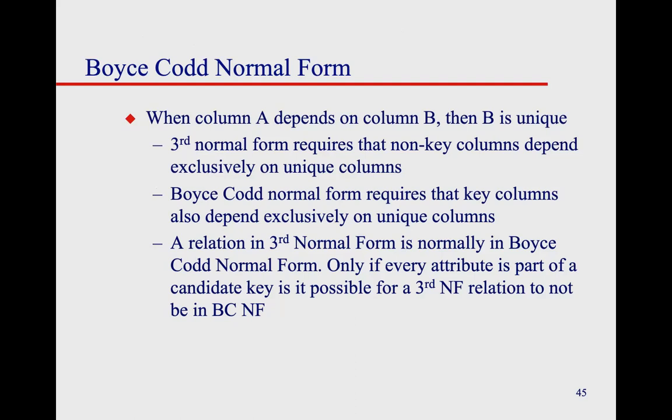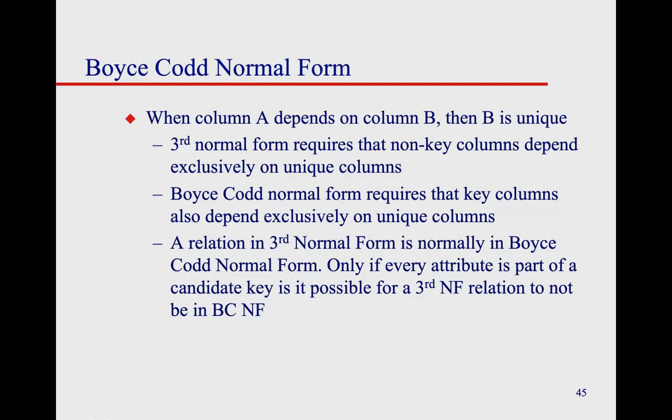But Boyce-Codd normal form, and you can actually see here, my definition of third normal form says depend exclusively on unique columns, which would be the generalized third normal form that I talked about, because the definition I'm using here is actually generalized third normal form. It says any non-key columns depend exclusively on unique columns. So Boyce-Codd normal form goes further, and it requires that key columns also depend exclusively on unique columns.